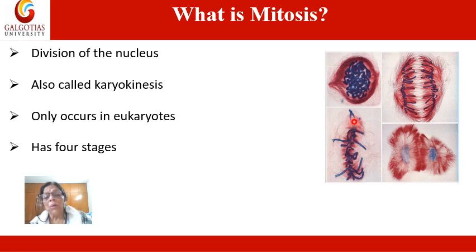where all the chromosomes arrange in the equatorial region of the cell, and then this stage comes, the anaphase, when the chromatids separate and move to the two poles of the cell, and here the nucleus divides into two. And this is followed by cytokinesis.